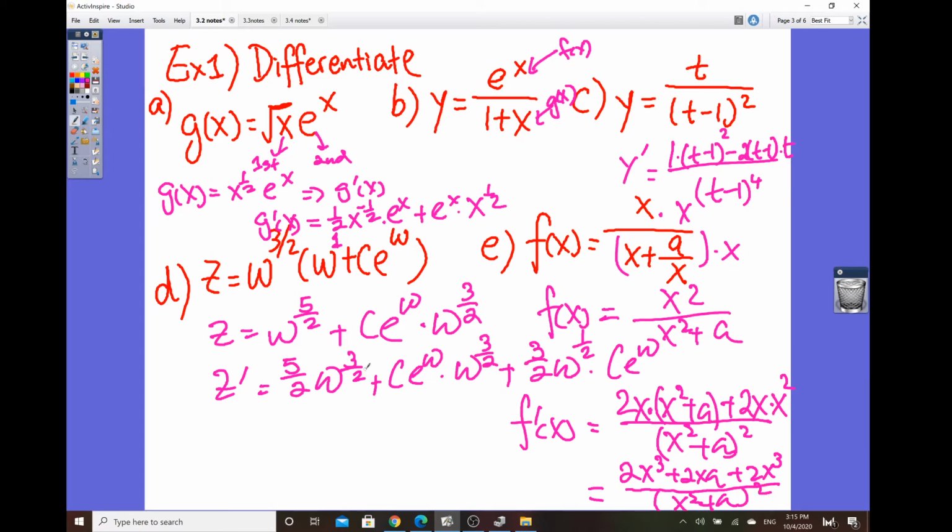So 2x cubed plus 2x cubed, then that would be 4x cubed plus 2xa, all over x squared plus a, quantity squared. So again, once you're getting used to the structure, that's the way you want to do it. If you're not quite sure about the structure, you can always set up the names, f of x, g of x, and then follow through the pattern for the quotient rule, the product rule.